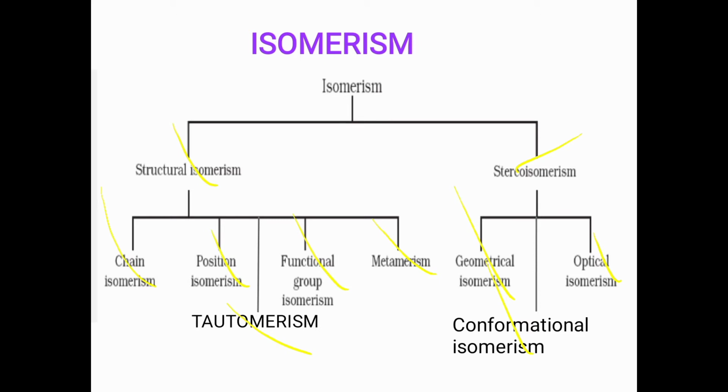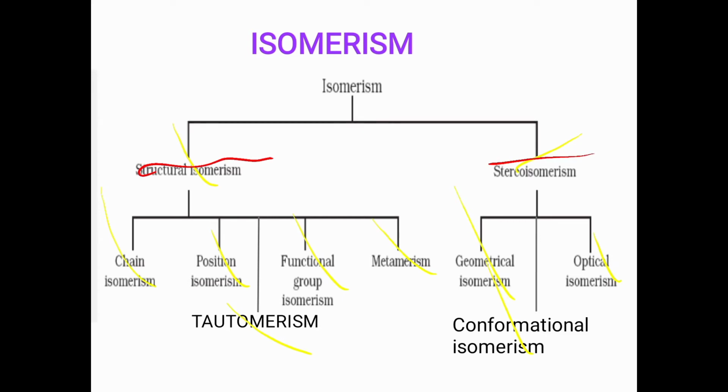Isomer is defined as the same molecular formula but different arrangement, different structure, etc., causing different chemical as well as physical properties. Now, isomers are broadly divided into two groups, structure isomer and stereoisomer.